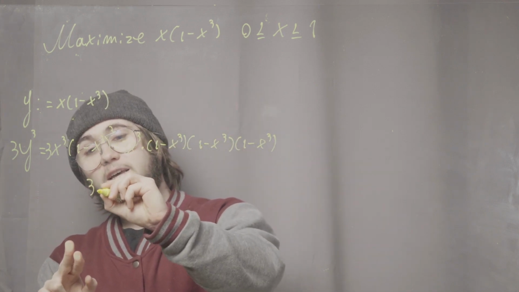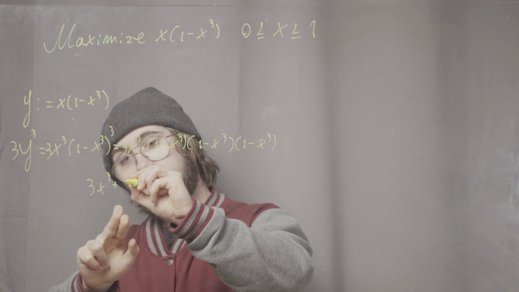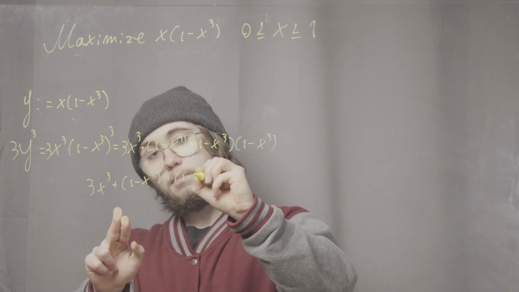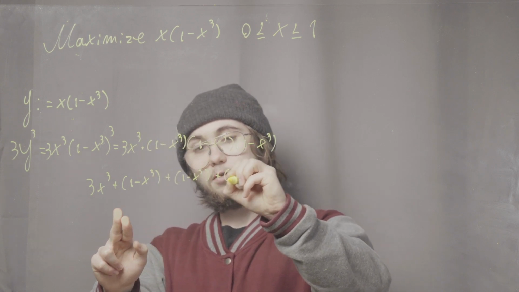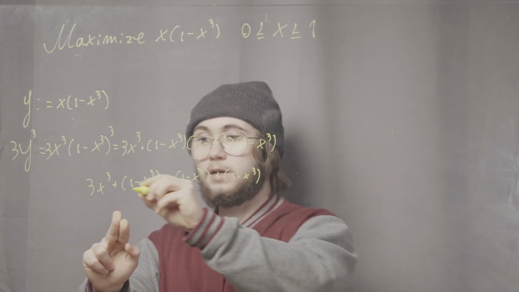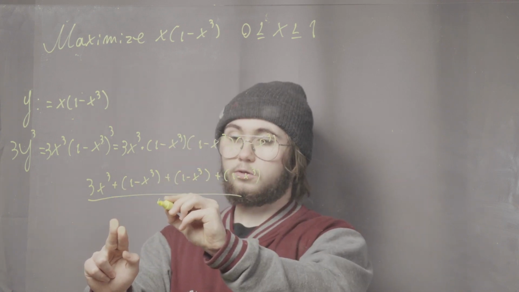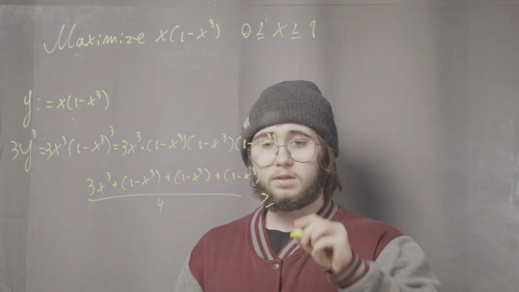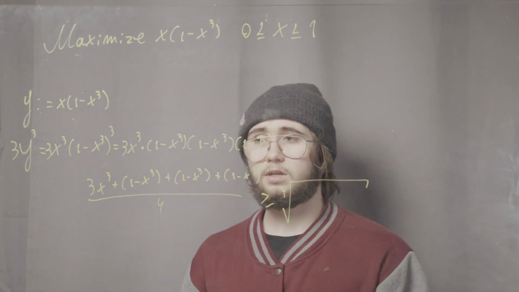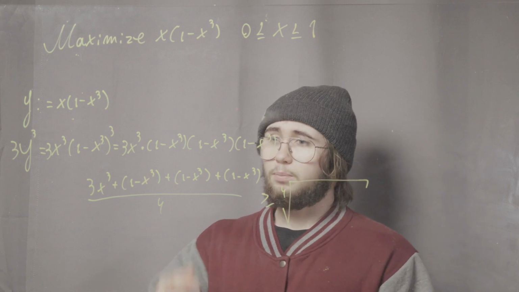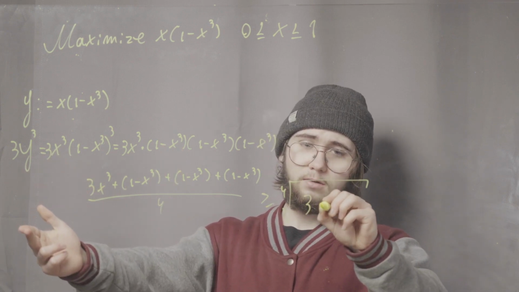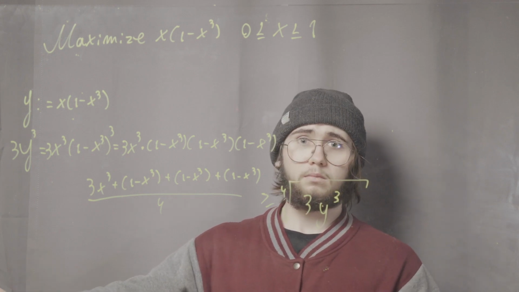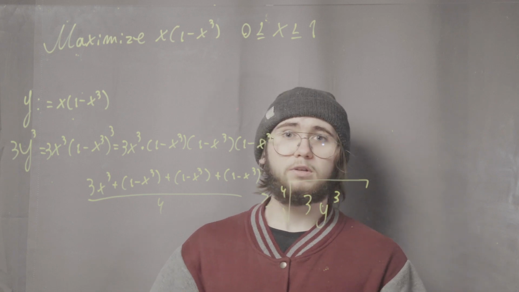I can say that 3x cubed plus 1 minus x cubed plus 1 minus x cubed plus 1 minus x cubed all over 4, so the arithmetic mean of those numbers, is going to be greater than or equal to the fourth root, but of what? Of the product, but the product is actually just 3y cubed. Yeah? Lovely!